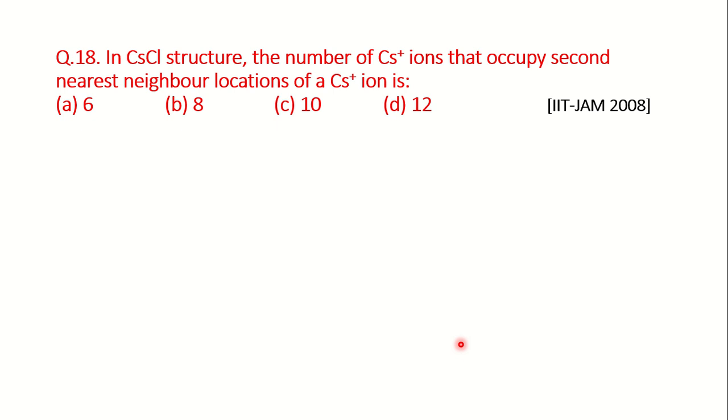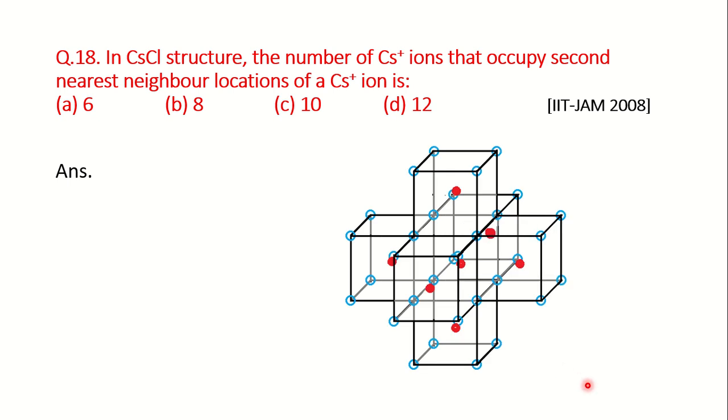Next question: in the cesium chloride structure, the number of cesium plus cations that occupy the second nearest neighbor locations of a cesium plus ion. That means take 1 cesium, ignore the chloride, then go to the next nearest cesiums. In order to find out the answer, you have to take the help of this type of structure where 3 cross signs are superimposed, and this structure is produced if each stroke of a cross sign is made up of 3 unit cells.